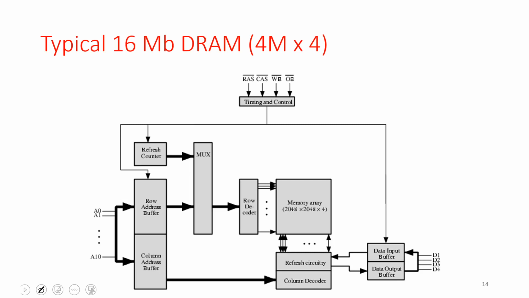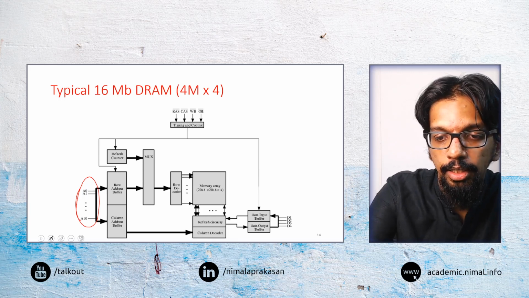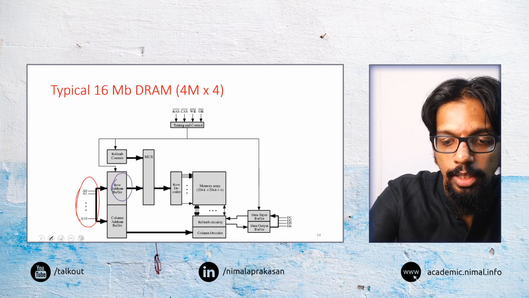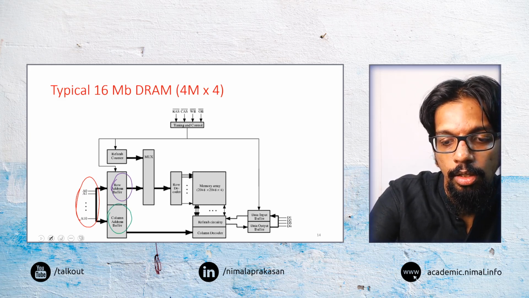In this example, what you can see is you have the addresses here, the memory address that needs to be read or written. The memory that needs to be read or written will be identified by the address here. And then that address can be subdivided into a row address and a column address.